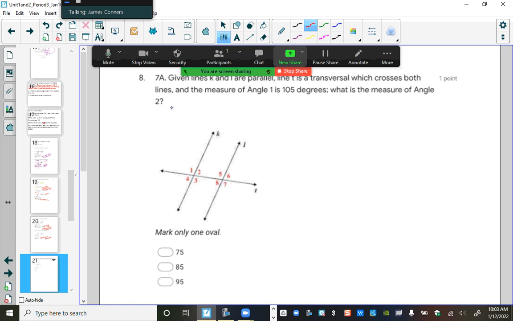Given lines K and L are parallel, and the line T is a transversal, so you've got parallel lines and there's your transversal. They said angle 1, this angle right here, is 105 degrees.